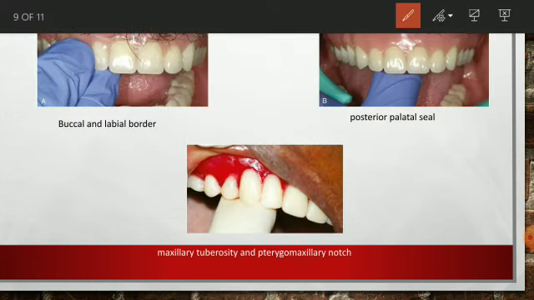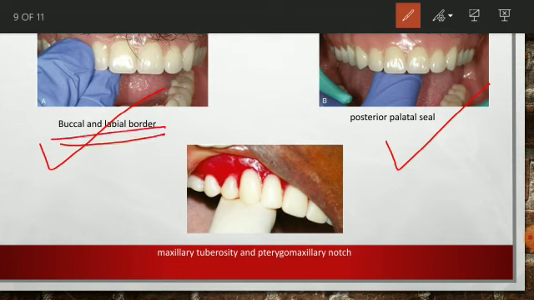Now looking at the figures, the first figure and the second figure show the finger positions. In the first figure we are checking the buccal and labial borders and anterior retentiveness. In this case, the index finger and thumb are placed over the anterior teeth, and retention is being checked.